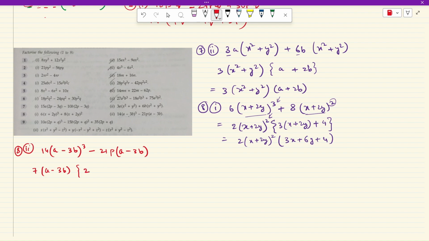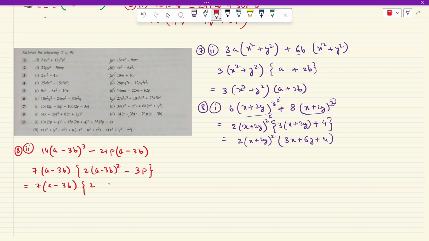So this will be 7(2a minus 3b) square minus 3p. You can keep it like this, or you can simply open it.